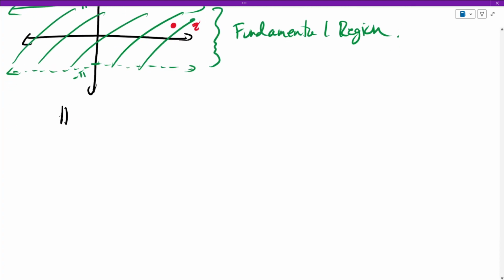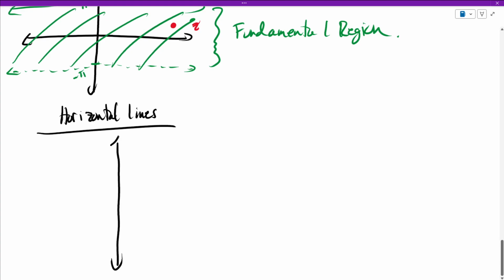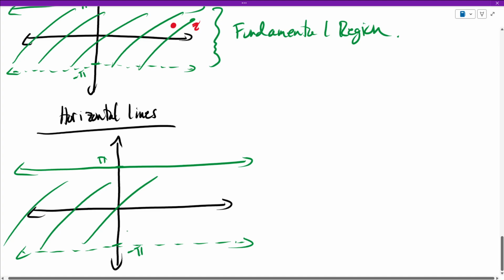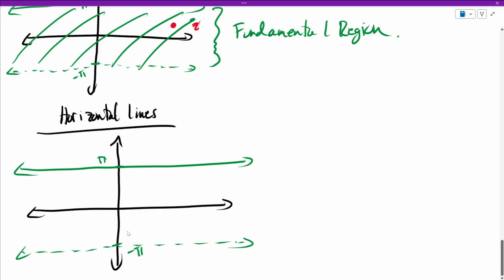So first, we're going to talk about horizontal lines. All right, so let's draw our region one more time. So we're going to mark it pi, we're going to mark negative pi, and we include pi, but we exclude negative pi, like with the principal argument. I'm not going to fill it in because we're going to draw horizontal lines here.